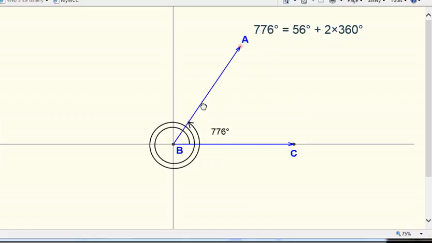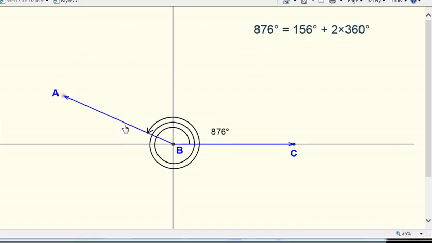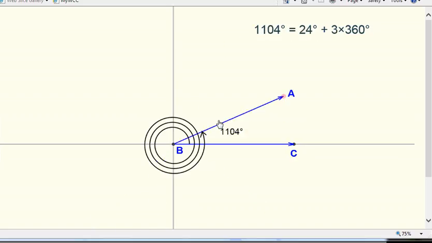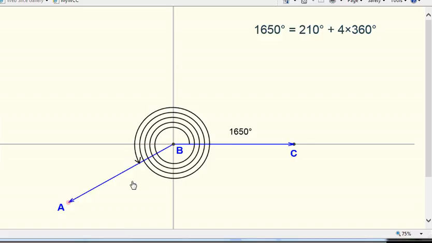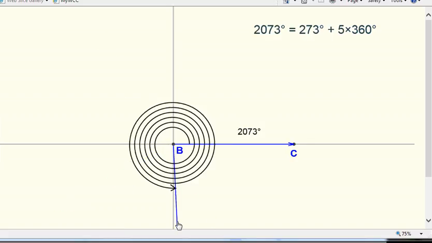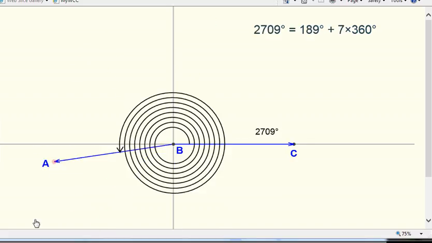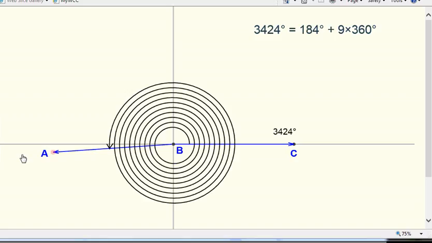Can I have another rotation? Yes. How many rotations can I have? As many as we like. So we can keep going like this. Right? Well, we can sing a song. The wheels on the bus go round and round, like this. Keep going like this. So how many coterminal angles can we have?